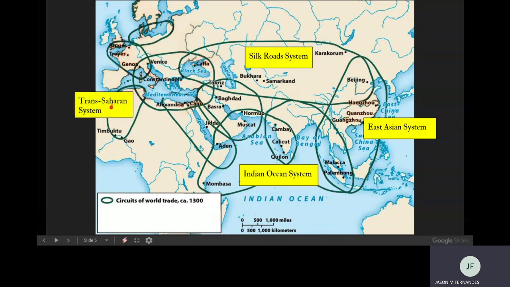Then you also have this trans-Saharan system, which connects Western and Northern Africa to each other, bringing supplies such as gold, salt, slaves, northward across the Sahara Desert into the Mediterranean, and connecting Europe with sources of precious metals. The Mediterranean Sea could be seen as a system unto itself too, connecting the Middle Eastern world, which is connected to the Indian Ocean, bringing goods into Europe.